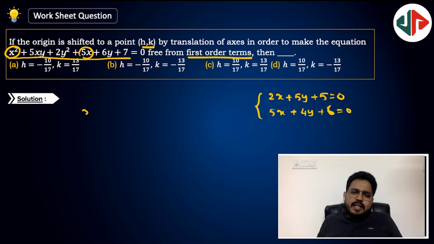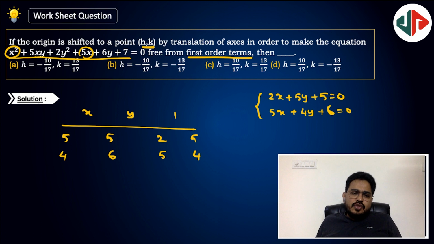What you do? x, y, 1. Leave the x coefficient, start with y: 5, 5, 2, 5. The next one is 4, 6, 5, 5. So here the answer will be x by 30 minus 20, 10, is equal to y by 25 minus 12, which is 13, is equal to 1 by 8 minus 25, which is minus 17.